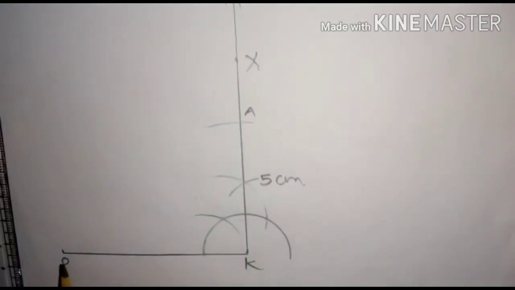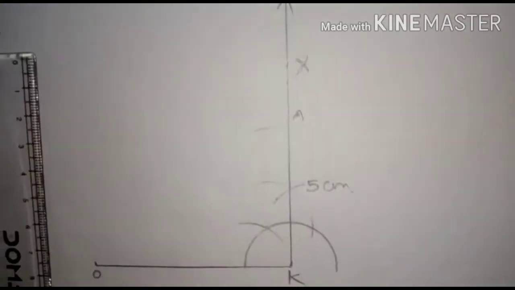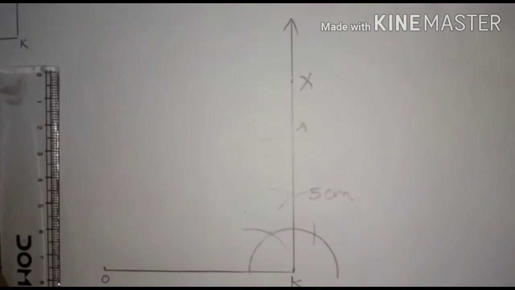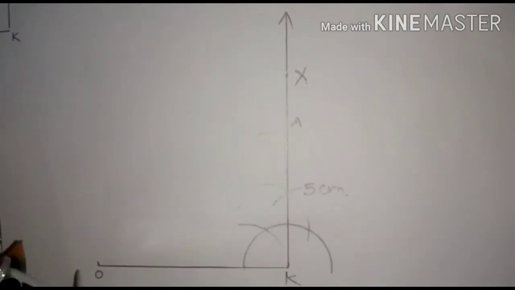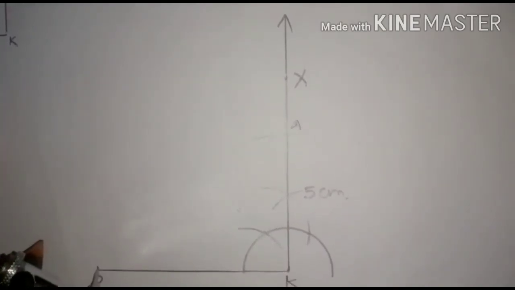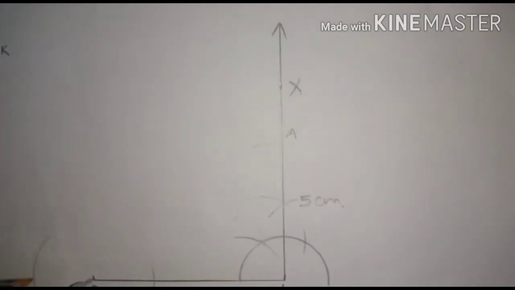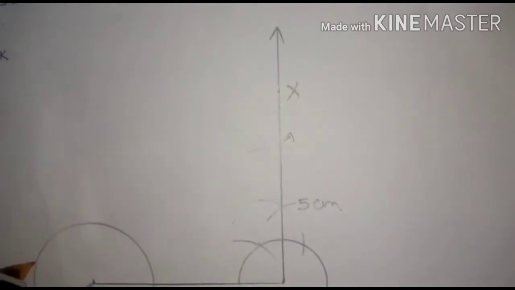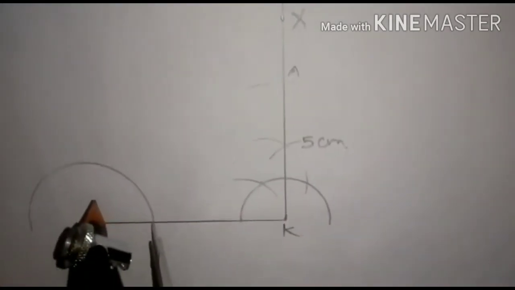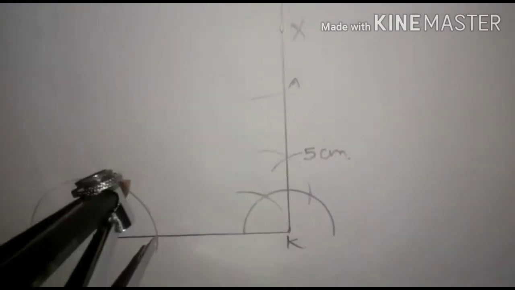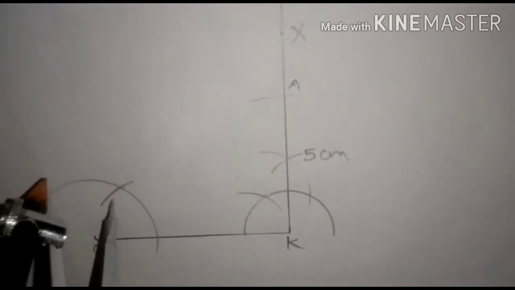Now in the same way we will take the 90 degree angle here. So draw the semicircle from point O with OK as the base. Draw one semicircle and with the same measurement draw one arc for 60 degrees.